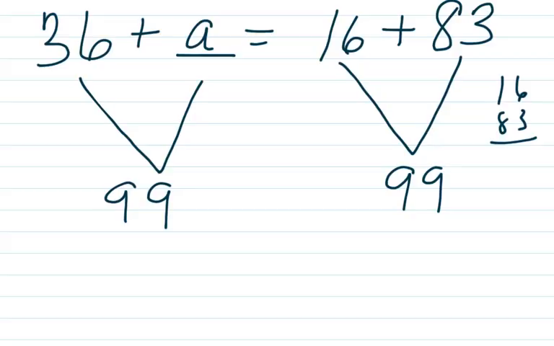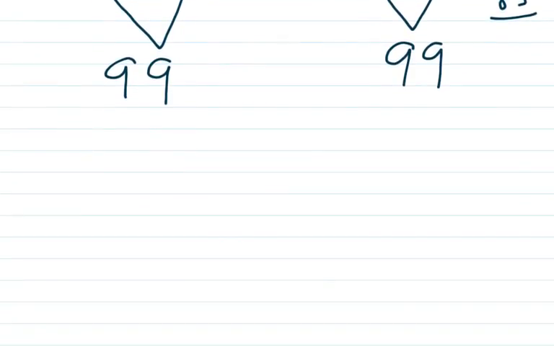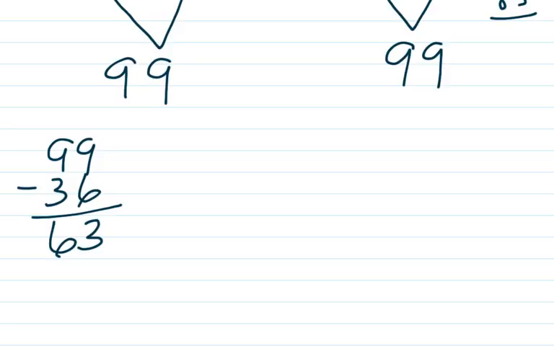So to help us, we know that whatever we have to add to 36 must be smaller than 99, because we're trying to add up two numbers to get a larger number. So what we do is an inverse operation. So 99 - 36 is going to be 63.